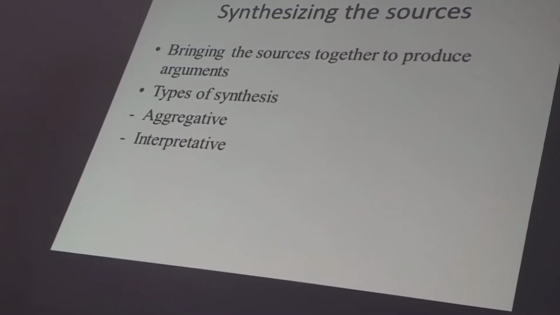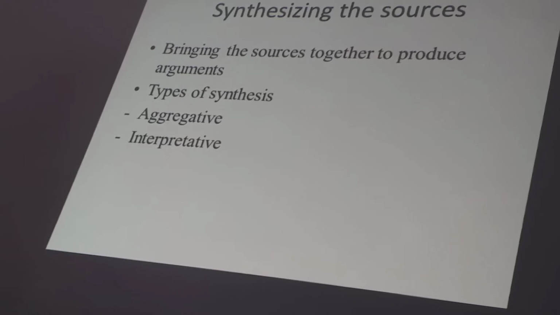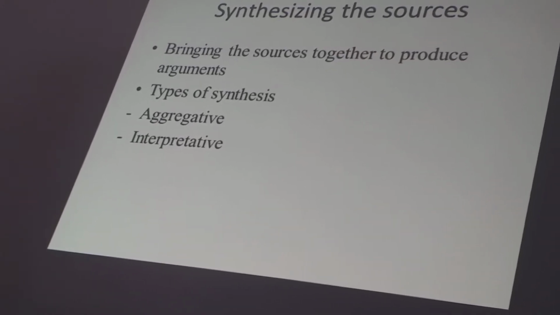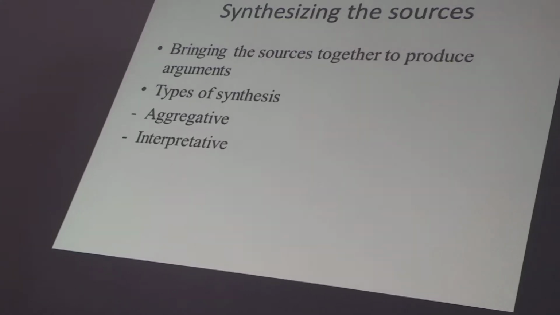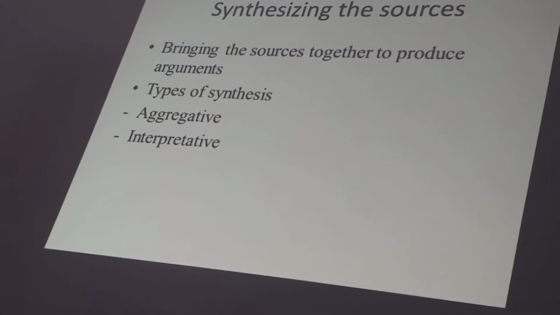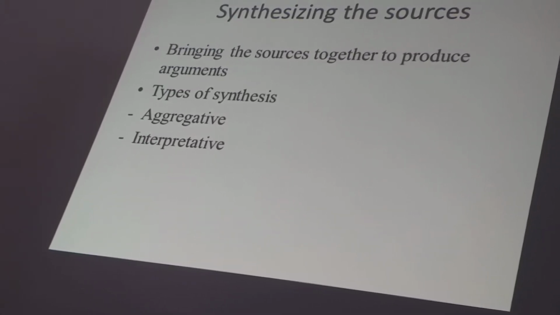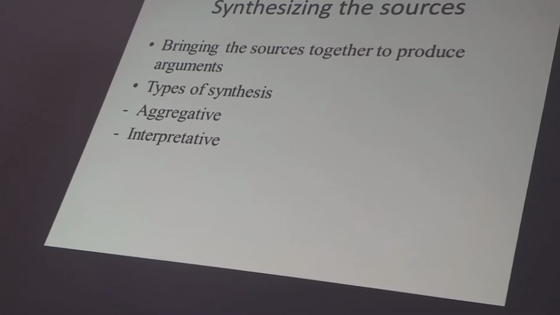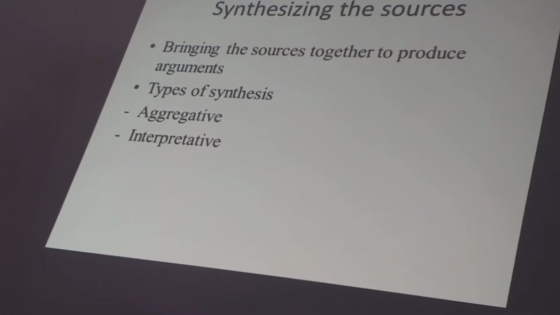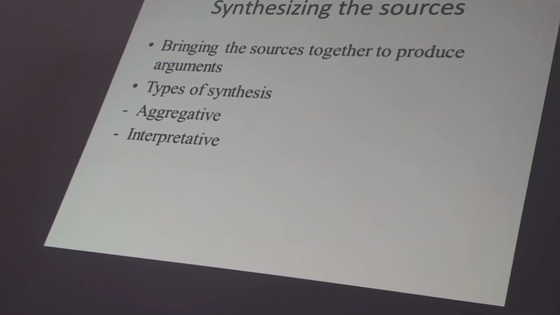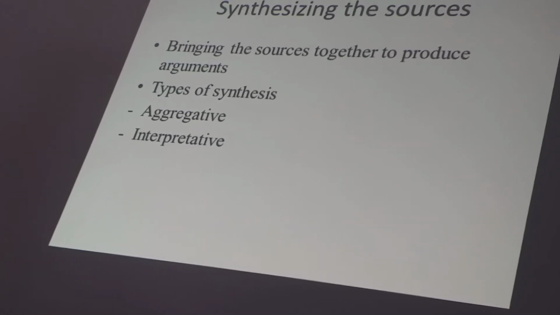Although this form of synthesis is used at times for traditional narrative literature reviews, it is mostly used for the synthesis of quantitative studies. And I mentioned last time quantitative studies, qualitative studies, and mixed methods research. I hope that you have an idea about that.